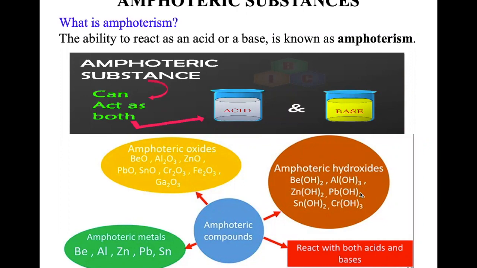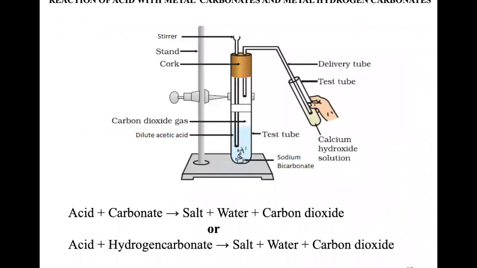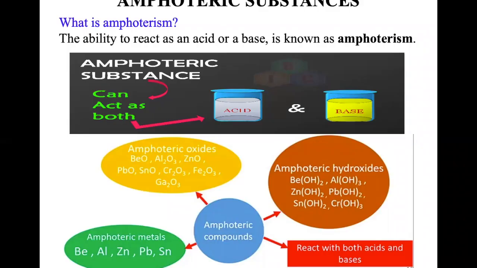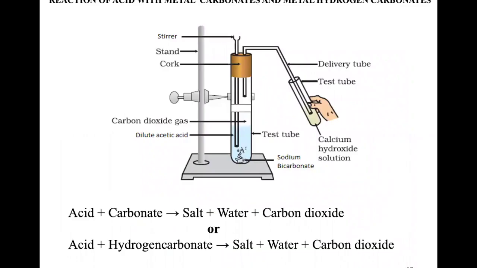Remember only aluminium and zinc, and put oxide or hydroxide group along with it. So what are amphoteric compounds? Amphoteric compounds are those compounds that can react both as an acid and as a base also. Another famous example of amphoterism is that of water. Water is also amphoteric in nature. We will be learning about it in the next few slides.